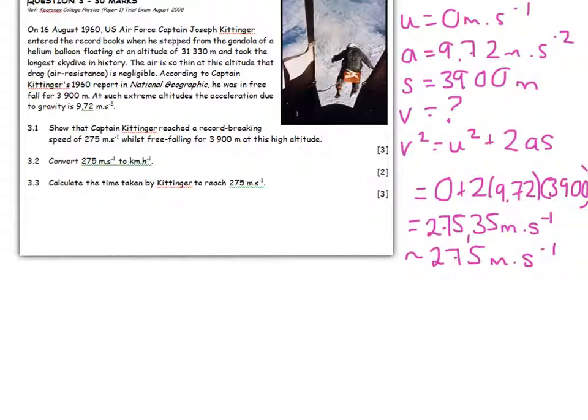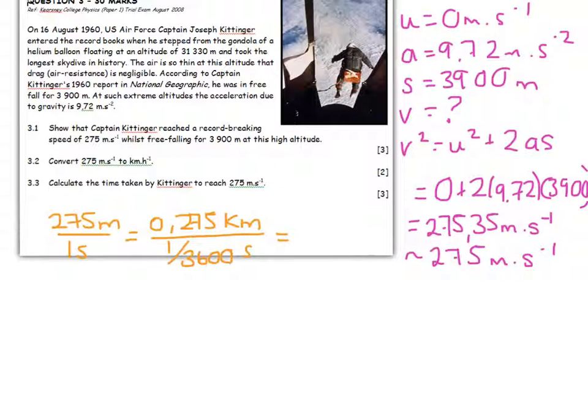Remember the method. I go 275 meters per 1 second is equivalent to 0,275 kilometers divided by 1/3,600th of a second.